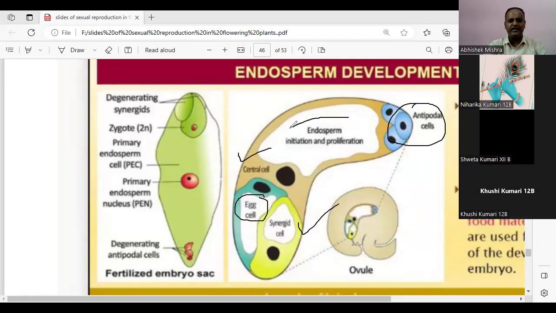Now this is the endosperm area. In this area, the PEC, the primary endosperm cell, proliferates and gives nutrition to the developing embryo, because the embryo is formed when the male gamete is fused with the egg. So this is the area where the endosperm proliferation will begin.